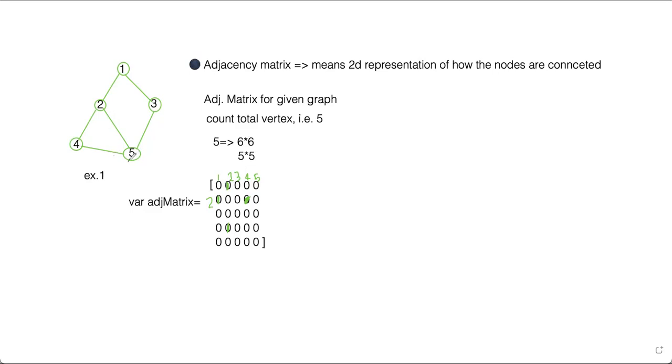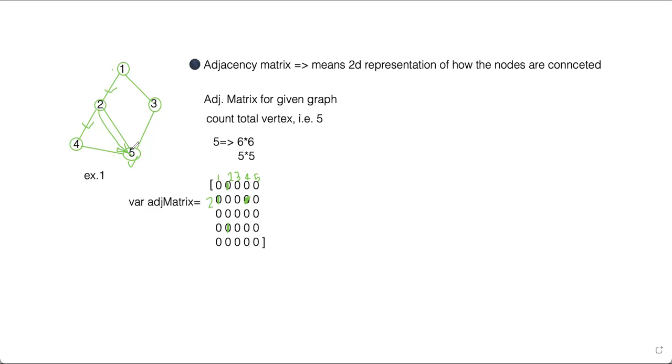Now again go for the fifth one, this one. We are done with 2 comma 4. Now again 2 is connected with 5. We have seen this thing, so this branch is done. Now go and do something for this thing.